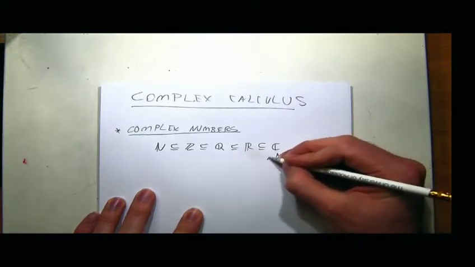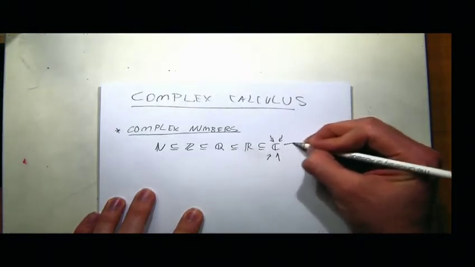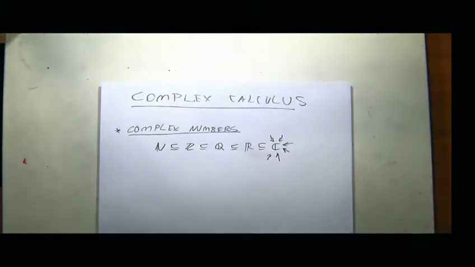And the complex numbers are really cool because they're algebraically closed, which means that for any polynomial, all the solutions of the polynomial must be in the complex numbers, which isn't true in any of the other number families.